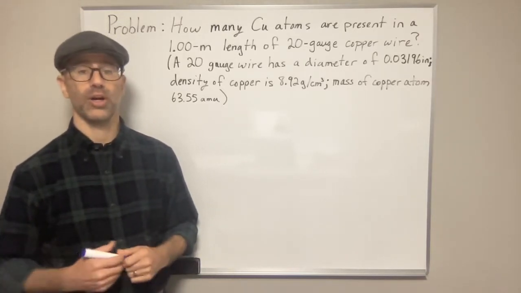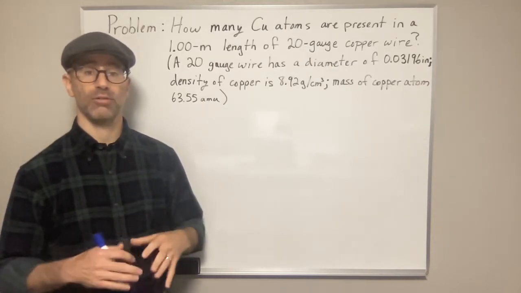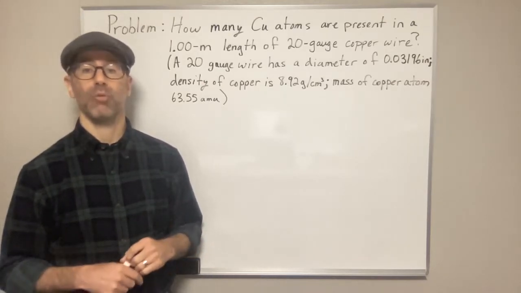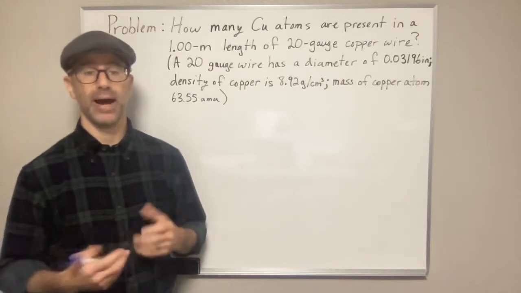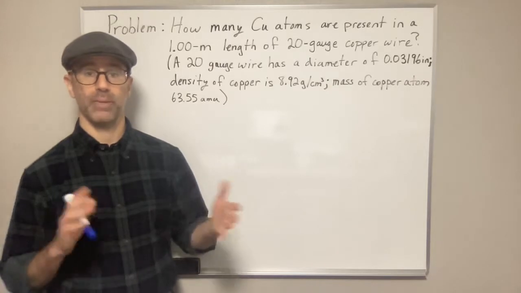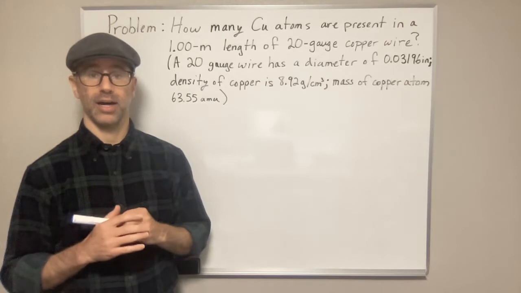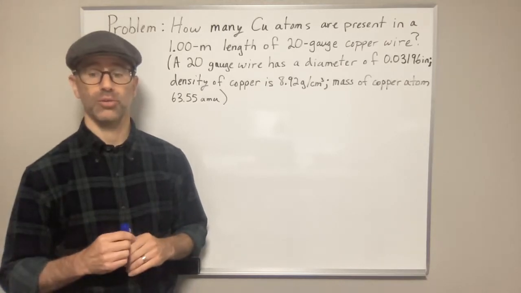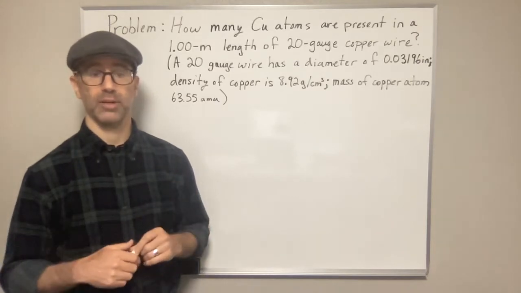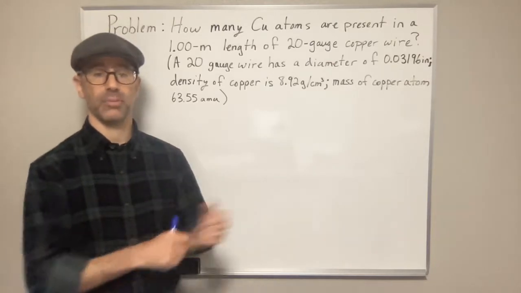Eventually what we want to find is the mass of this copper wire, and then use the atomic mass of one atom as the molar mass of copper, right? Molar mass is a relationship between moles and grams, so we could use that to find the number of atoms. Because if we can convert grams to moles and then moles to atoms, then we get our answer.